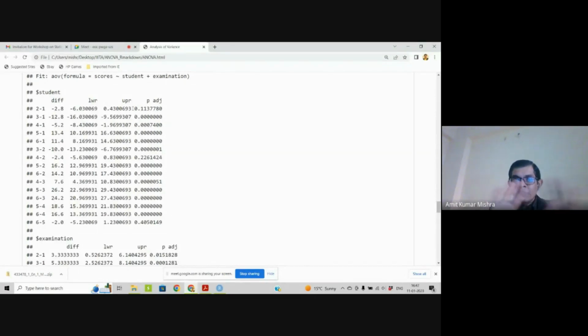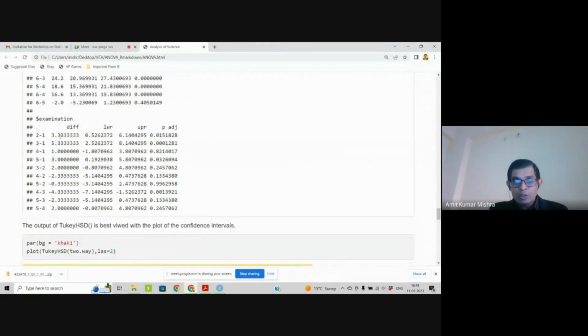That means that difference is not significant because 0 is there in the 95% confidence interval. But if you see the second one, both are negative. That means 0 is outside. So this difference is significant. There is a negative difference which is significant. If you focus upon the third one, again the difference is significant, and so on. You can explain.